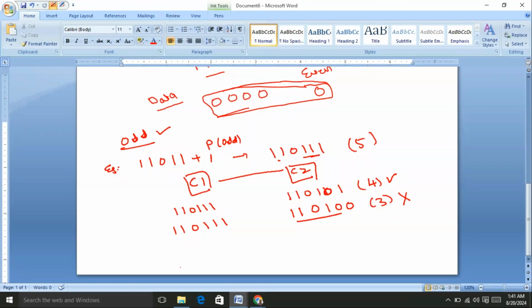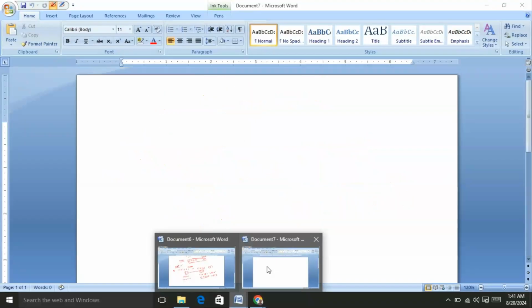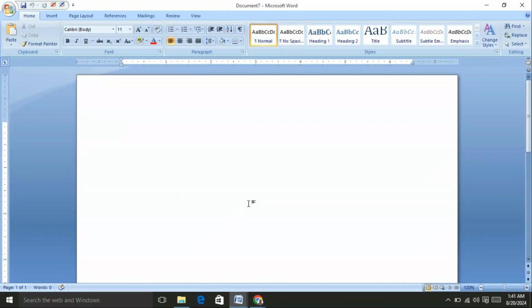Now we are designing a parity generator and checker to identify the error. A parity generator and checker is a hardware circuit designed with the help of exclusive OR gates.